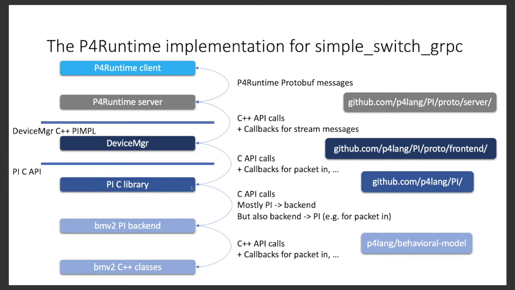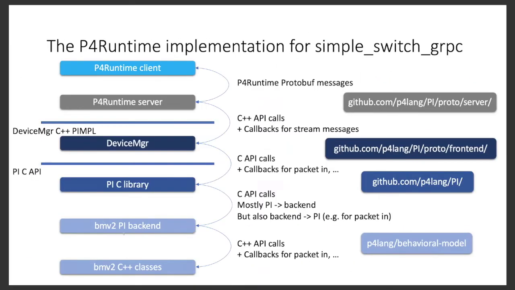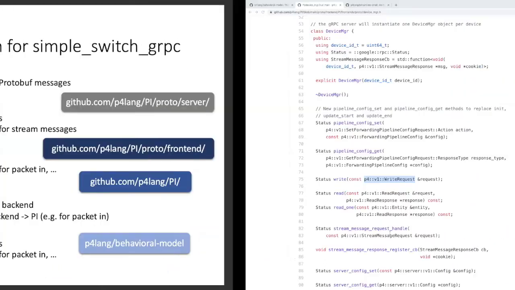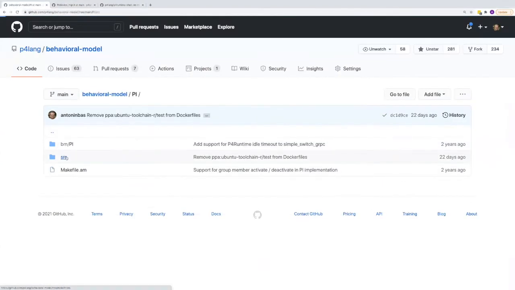So from this API, we go to the BMV2 PI backend, which is just the implementation of the PI API specifically for BMV2. So in that case, we enter the realm of the BMV2 drivers. And while the PI C API is defined in this repo here, I'll show an example later. Once we move to the BMV2 PI backend, this is going to live directly in the BMV2 repo, in that folder here, BMV2 PI.